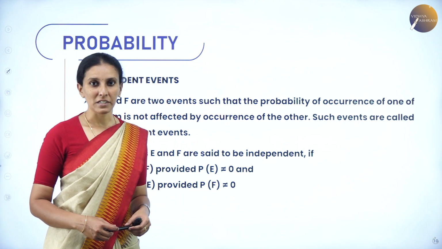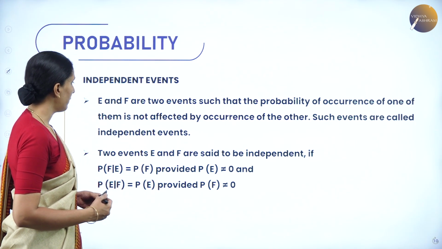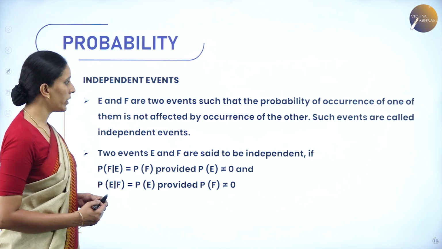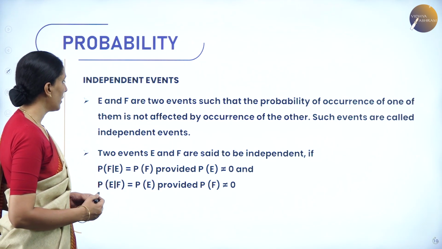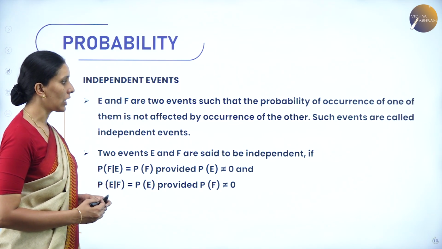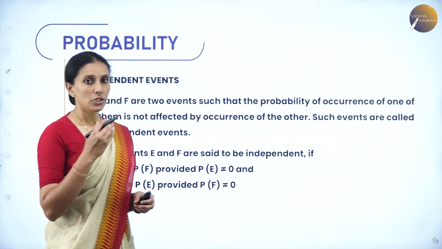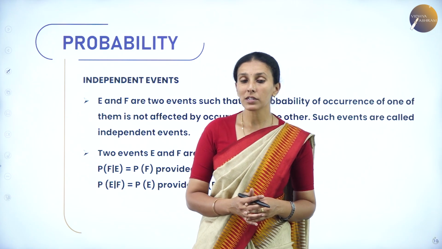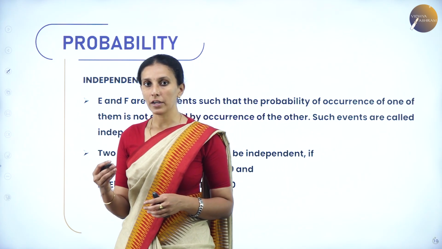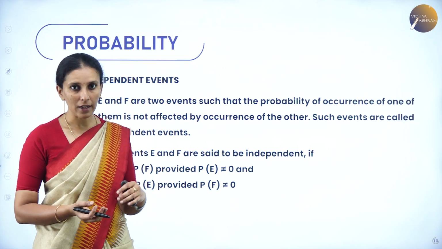The next concept is independent events. So what do you mean by independent events? E and F are two events such that the probability of occurrence of one of them is not affected by the occurrence of the other. Such events are called independent events. When I talk about conditional probability, we impose a condition that we need to find the probability of an event A where event B has already occurred.